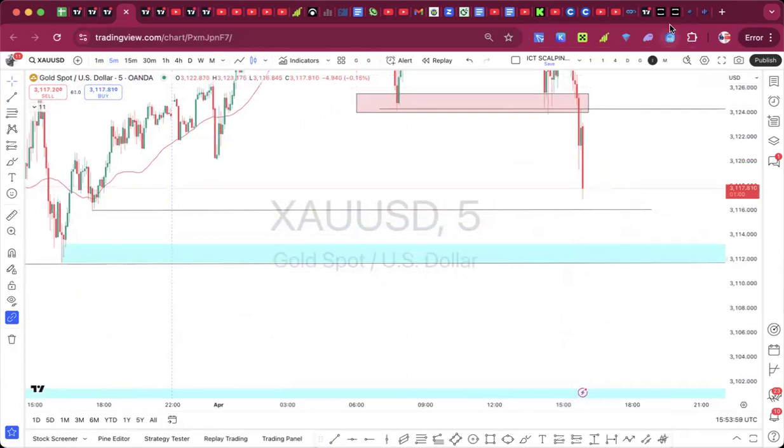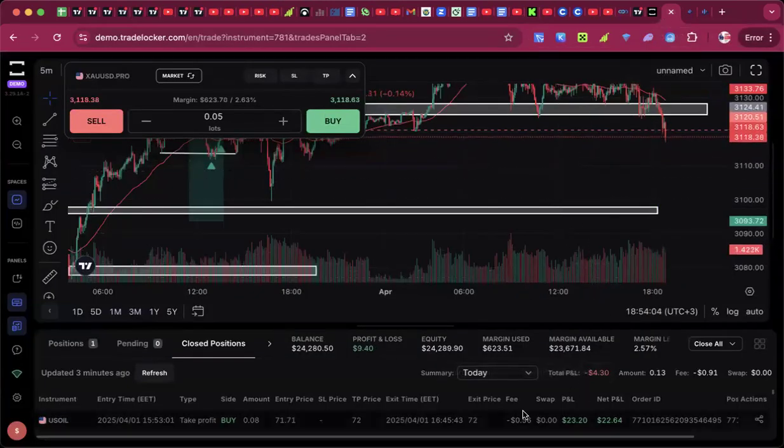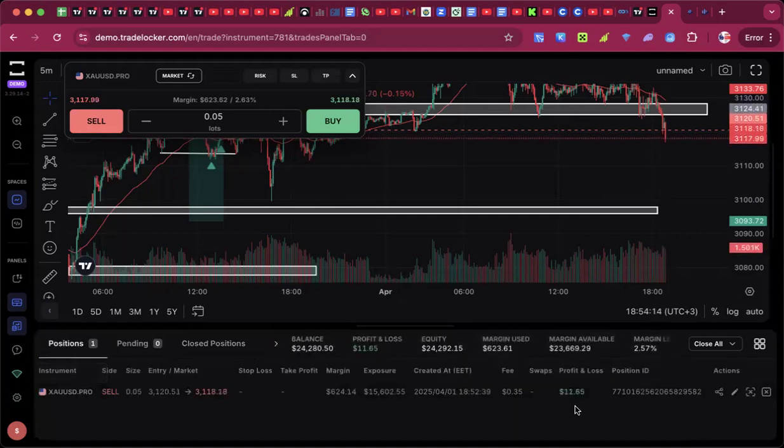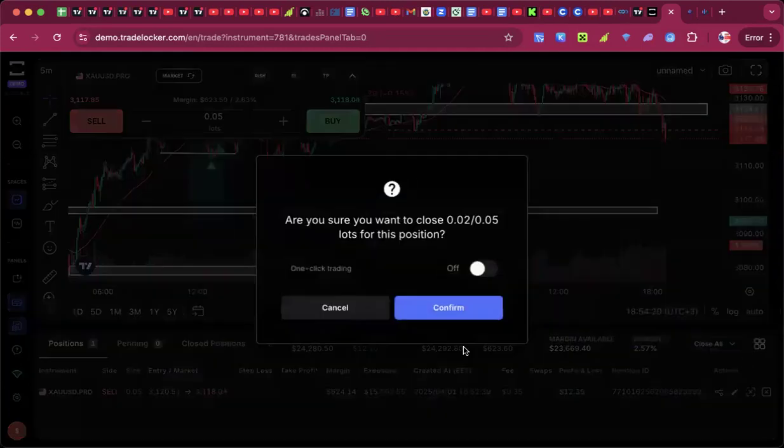So if you look at our market, sometimes like this can tell us to take partial profit. Oh, so the profit has reduced again. Okay, so $13. So if I want to take partial profit, I look at partial close, then I can just click like this and probably take 0.02 and then close.